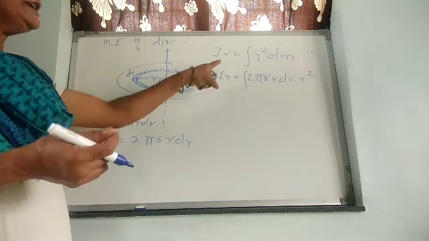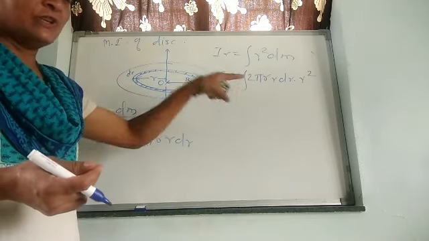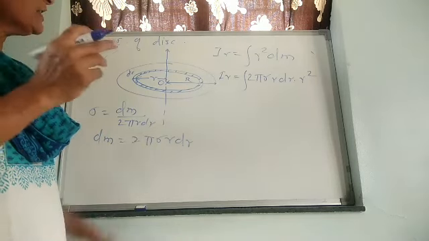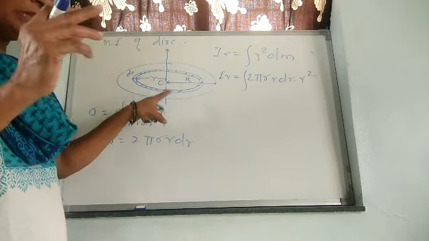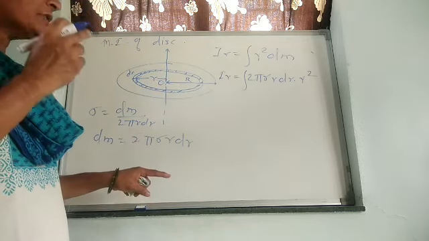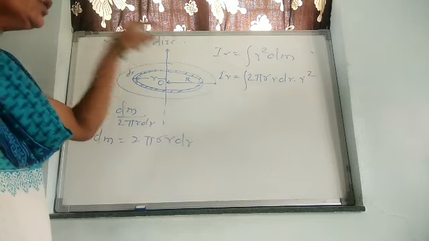Then if we take the integration of this, the ring has a constant radius. I have said that a uniform disk is made up of a number of thin circular concentric rings whose radius ranges from 0 to r.